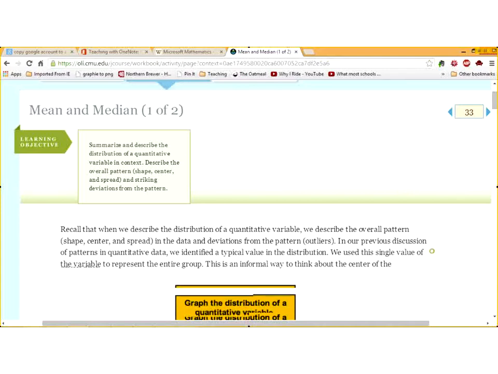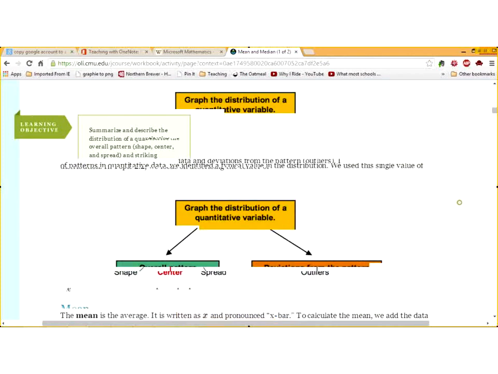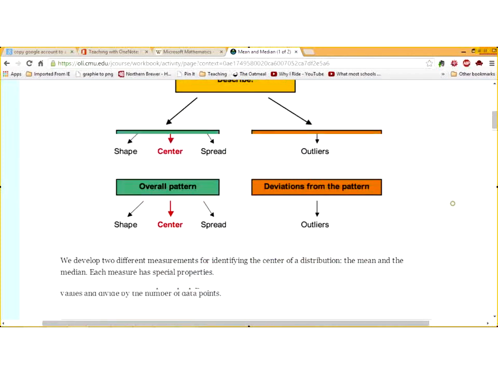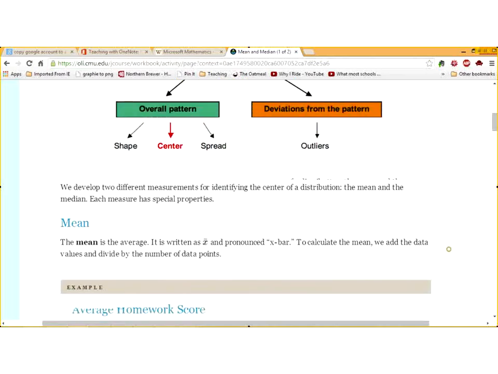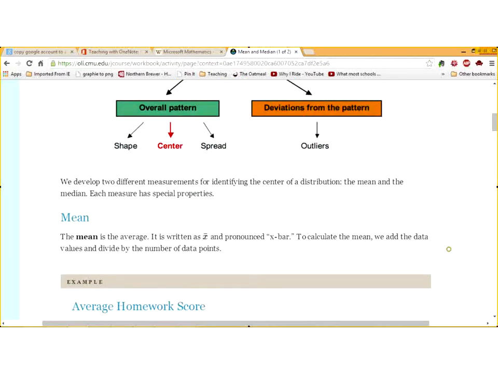Okay, so let's take a look. We're going to start off with center, and that's in red here. Well, one measure of center that we're very familiar with is the mean. Most people know it as the average, but it's the same thing.